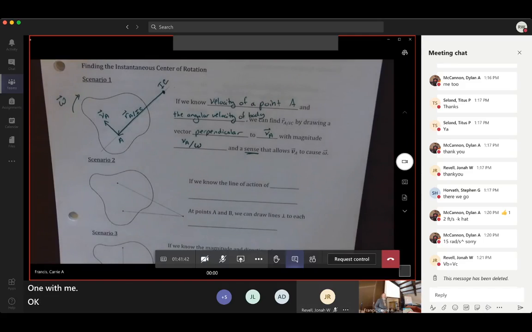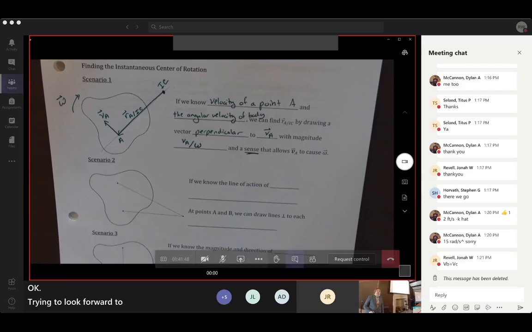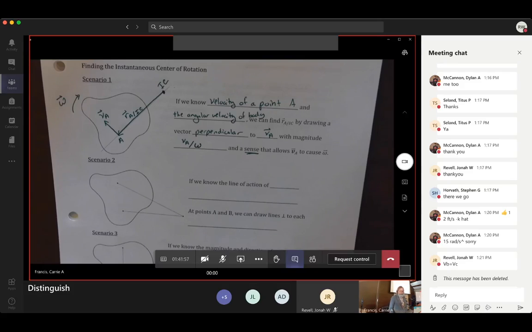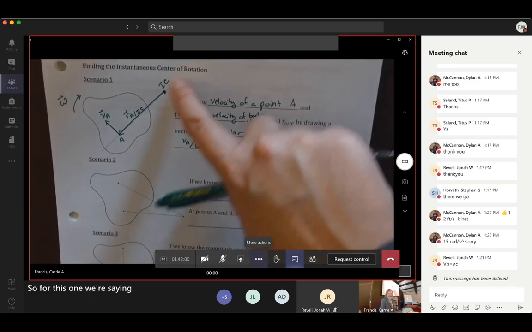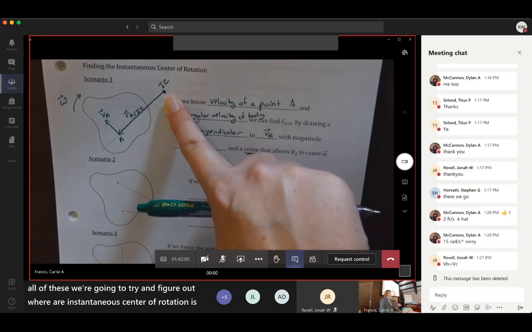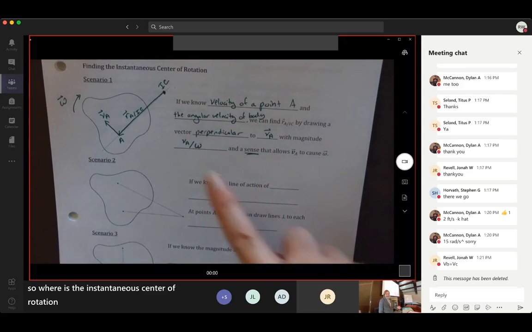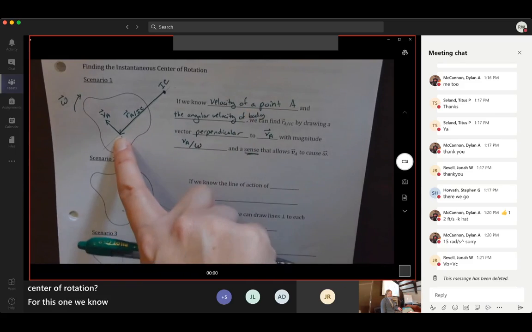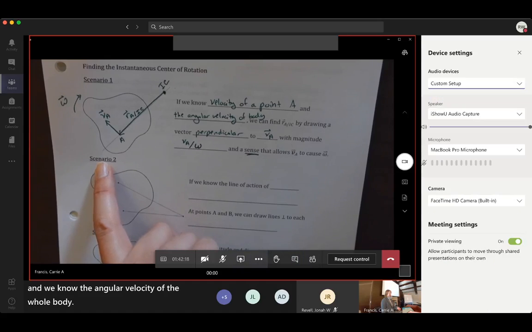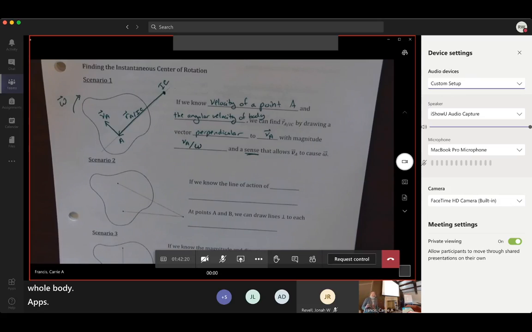Okay. So what are we trying to look for in that scenario specifically? What info do we need so we can distinguish? For all of these, we're going to try and figure out where our instantaneous center of rotation is. For this one, we know the velocity of A, and we know the angular velocity of the whole body. And so we're going to use that to figure out where we're rotating about.